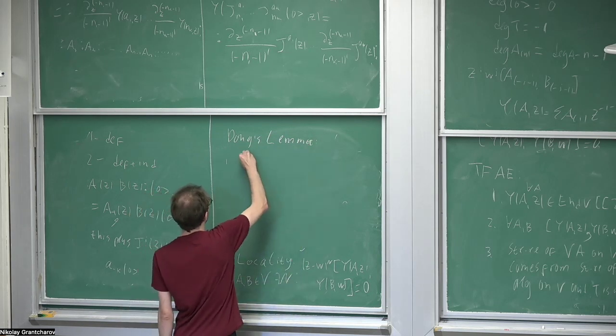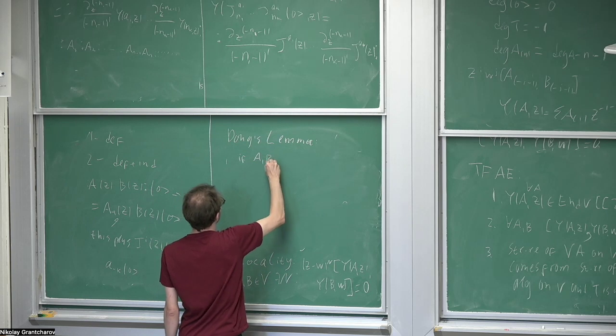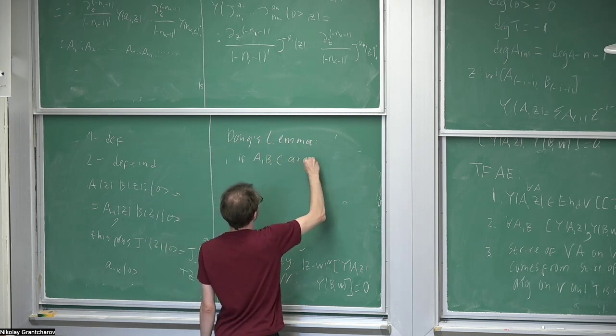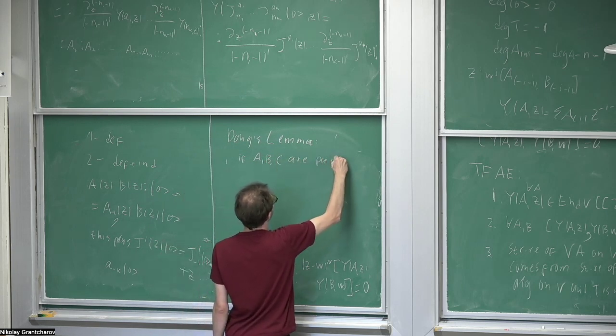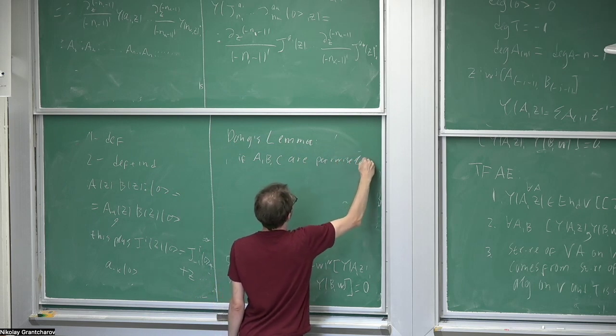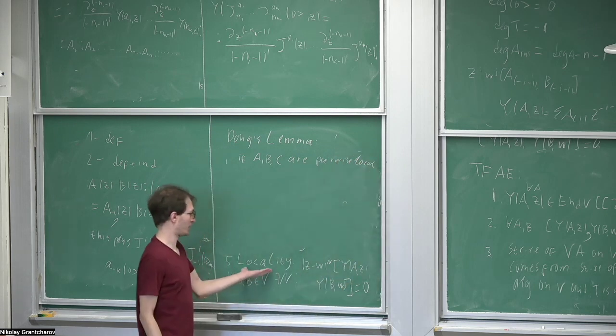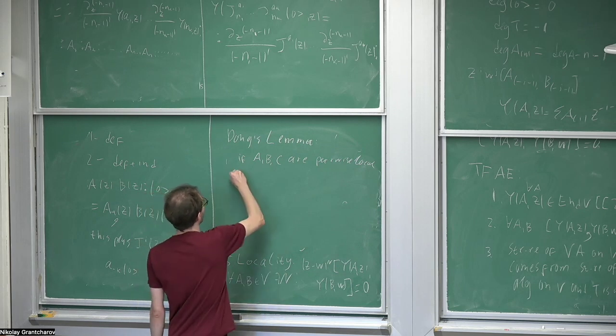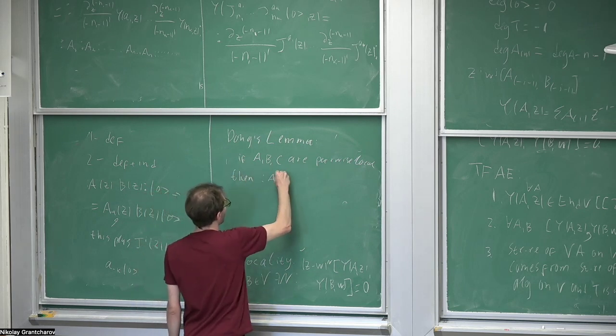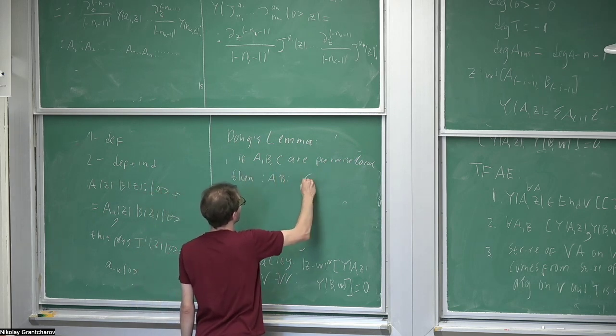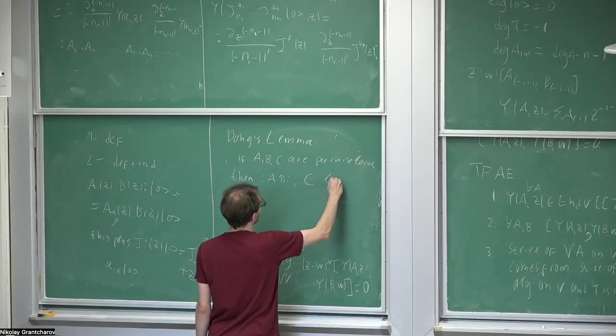If A, B, C are pairwise local, local meaning satisfies the locality axiom, then the normal ordering products of A, B, and C are also local.